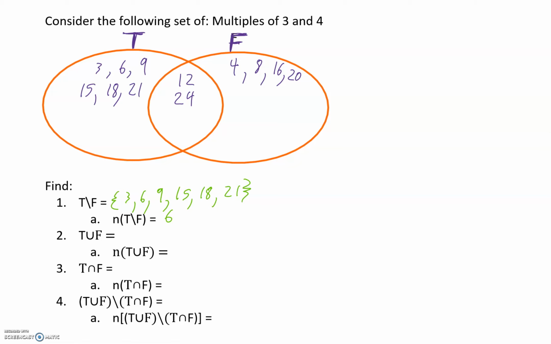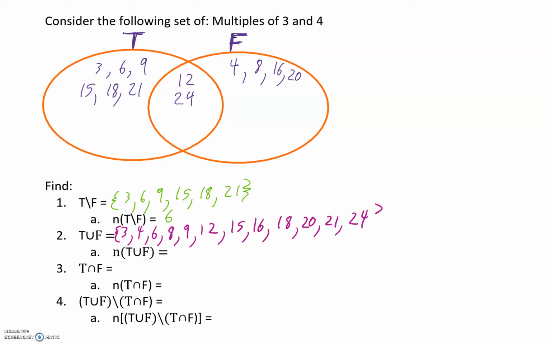All right. Next, we have the U symbol for union. So that includes everything inside both sets. This will take a little while, but 3, 4, I guess I could draw that properly. 3, 4, 6, 8, 9, 12, 15, 16, 18, 20, 21, 24, and that is that set.